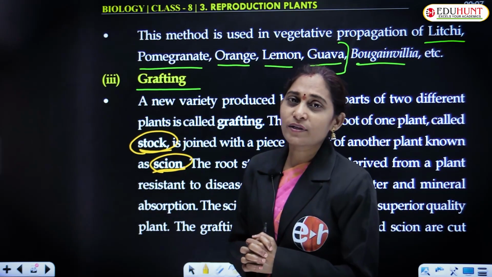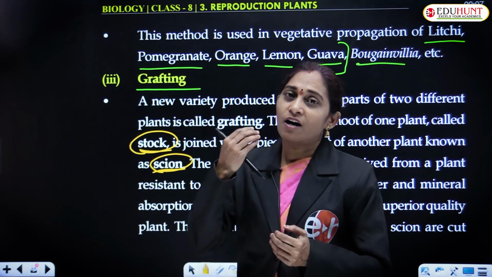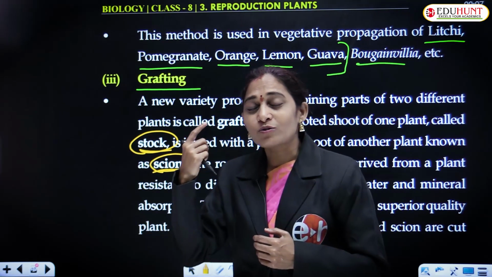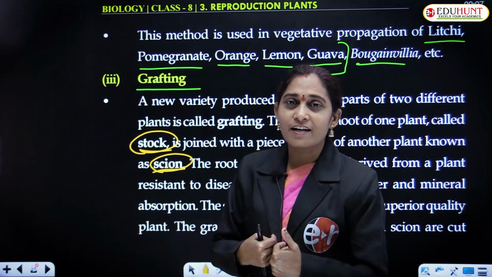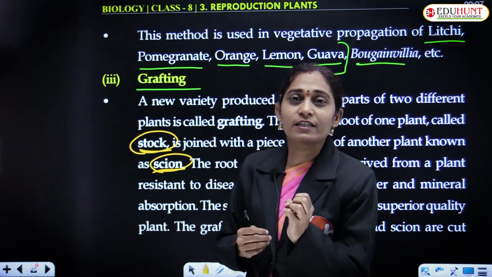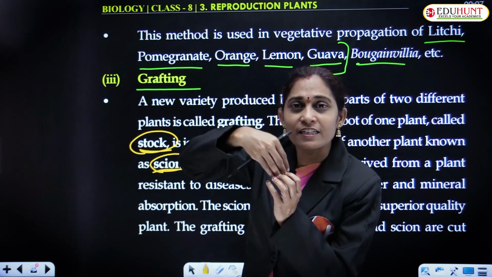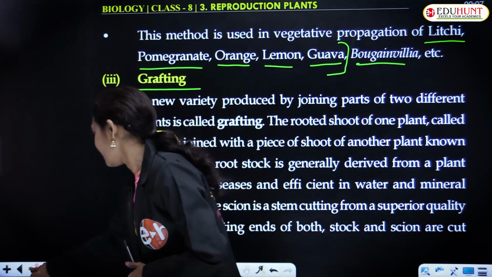How is it inserted? A small incision is made on the stock, and the scion is cut in such a way that it fits in the incision made in the stock. So I'll show you the technique.